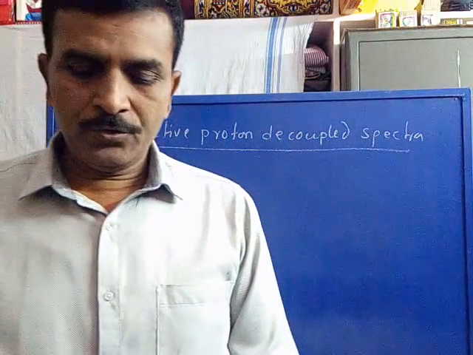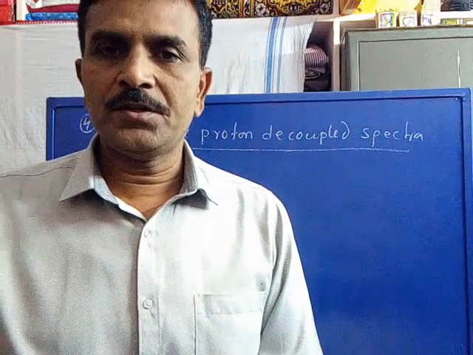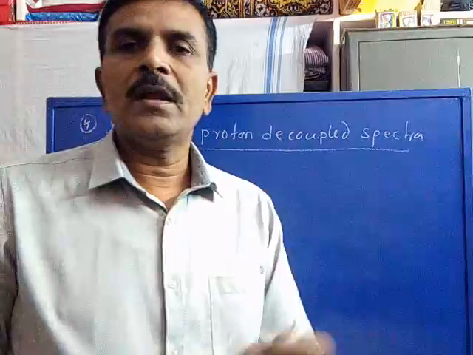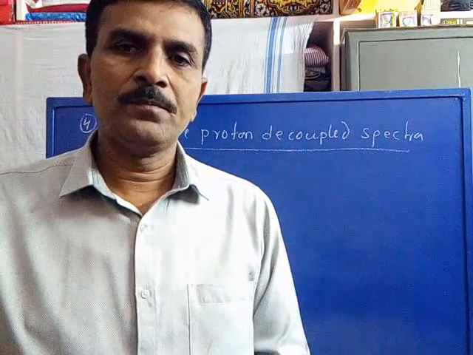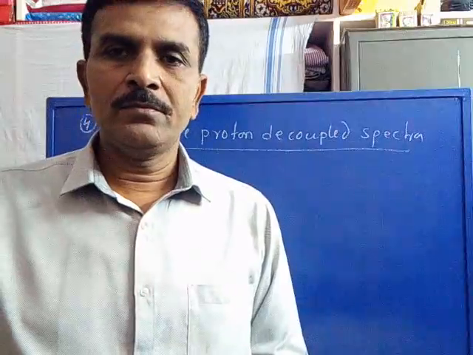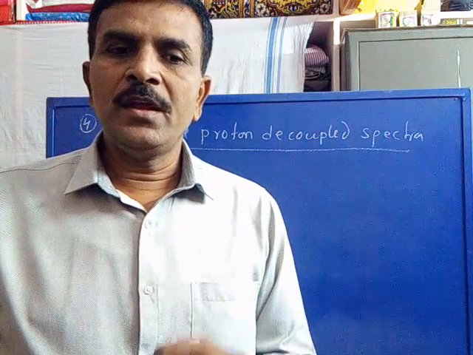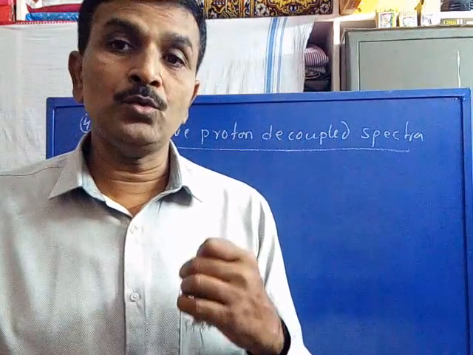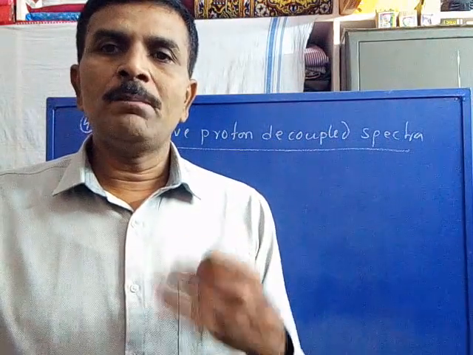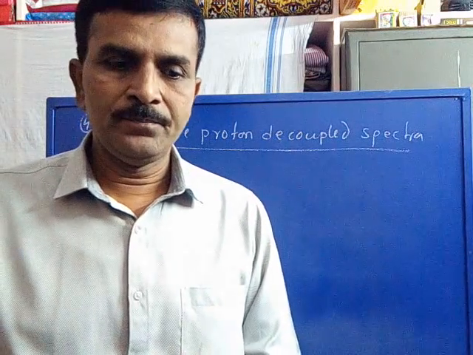Now, almost whatever information we need about the molecular geometry or structure can be extracted from the SFORD spectrum. But in a few cases, if the frequency difference between any two carbons is too small or too short, then the multiplicity signals in the SFORD get overlapped.